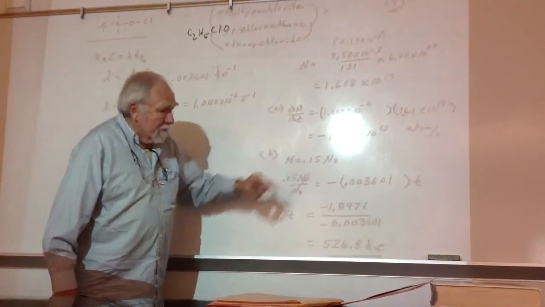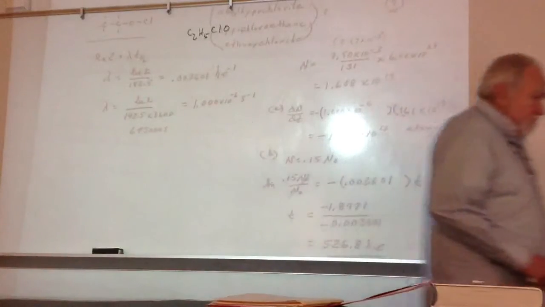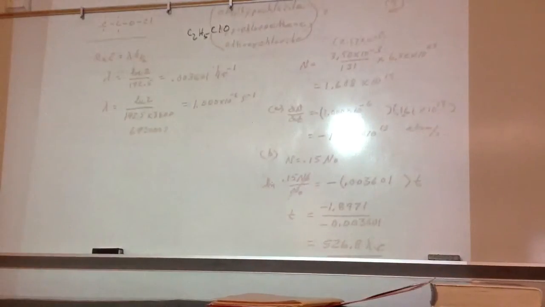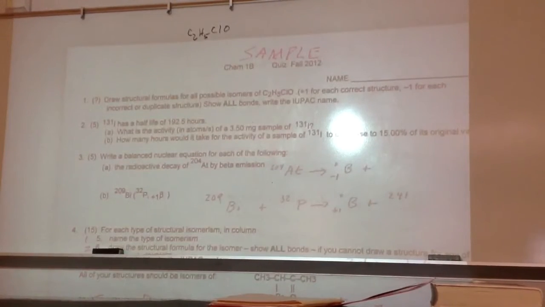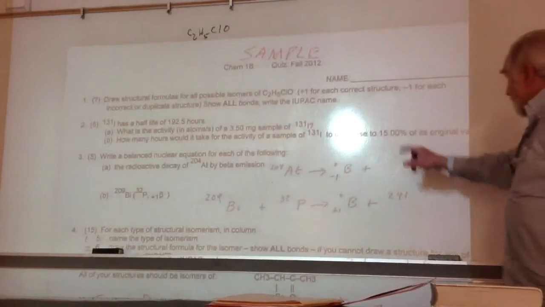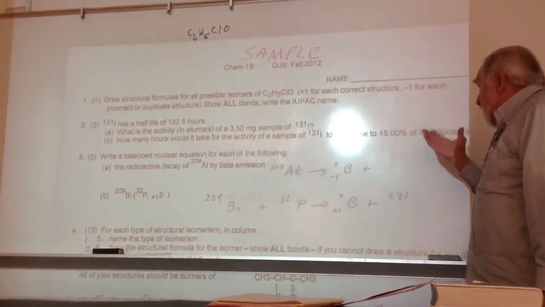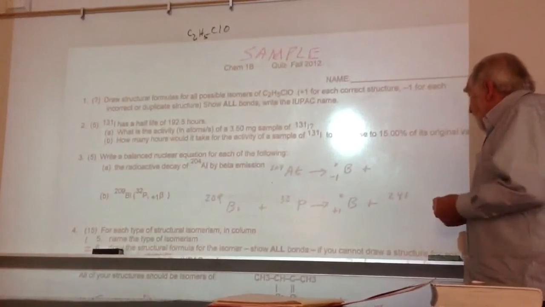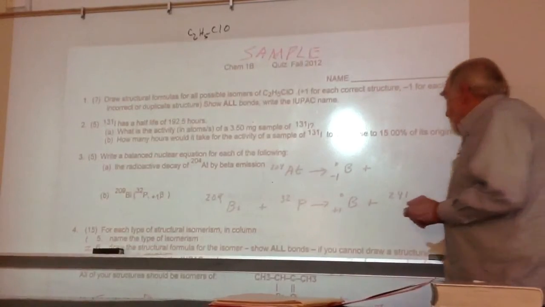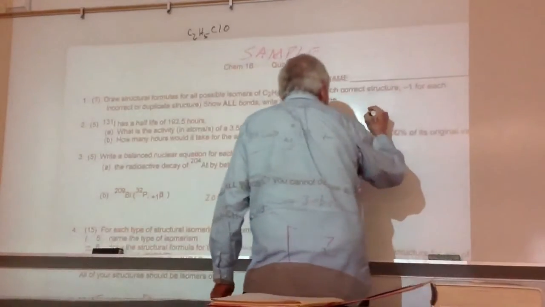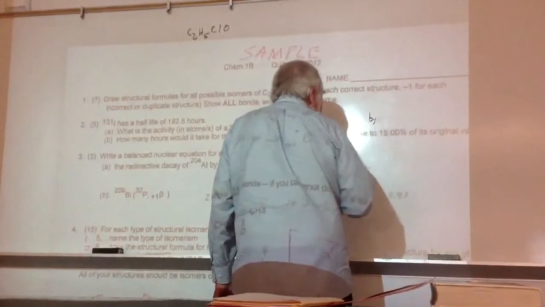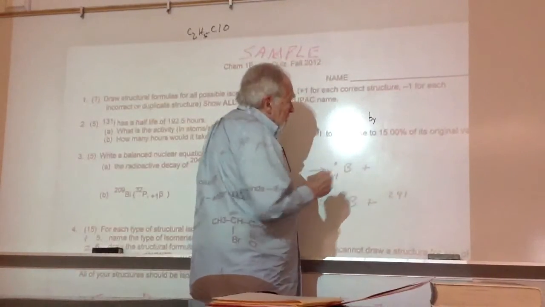Here it was, let me turn it over so you can read the problem. It decreased to 15% of its original value, in which case I said you would use n is equal to 0.15 n0. If I said by 15%, then I said you'd do what?